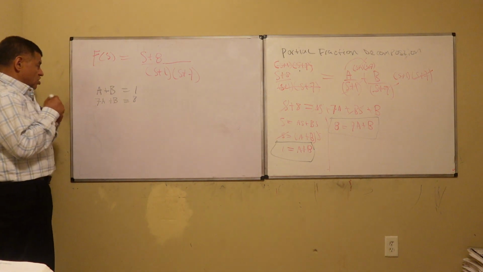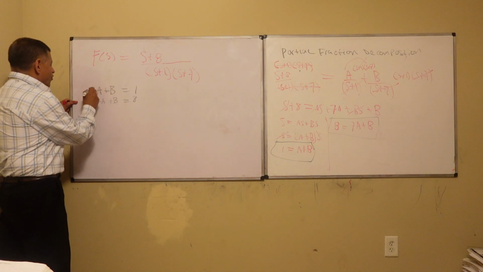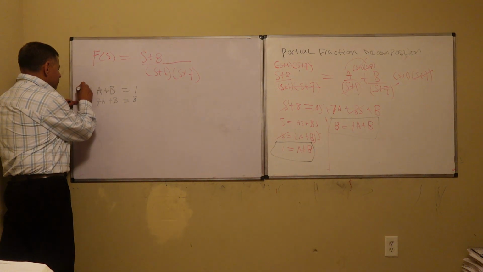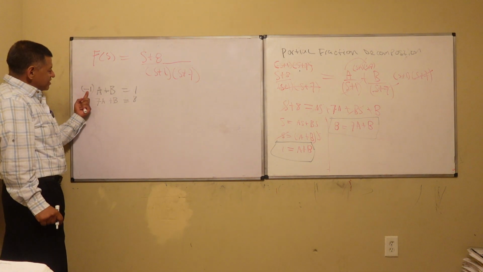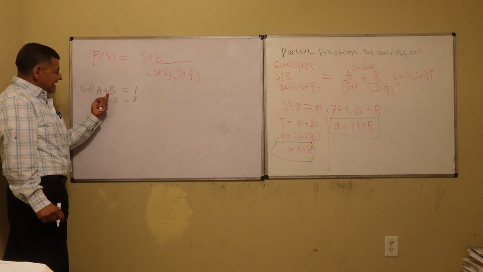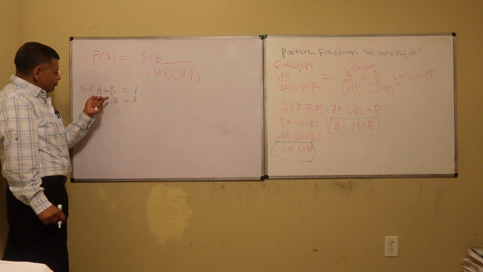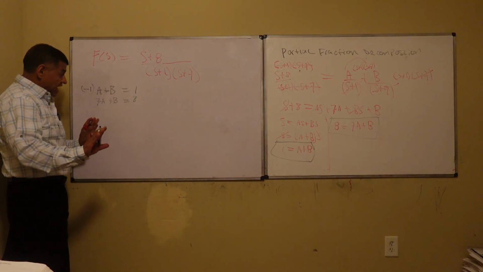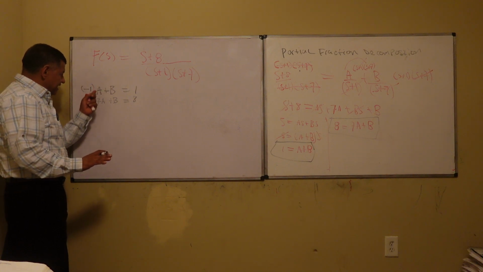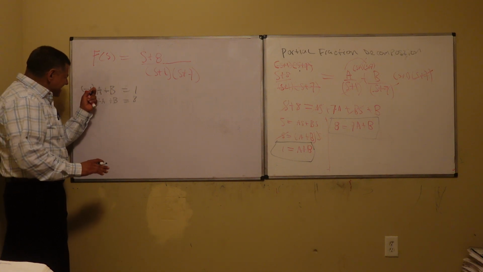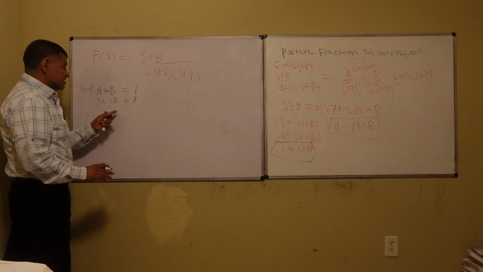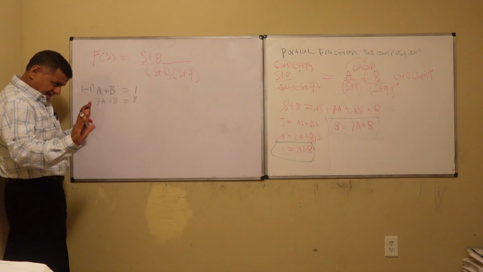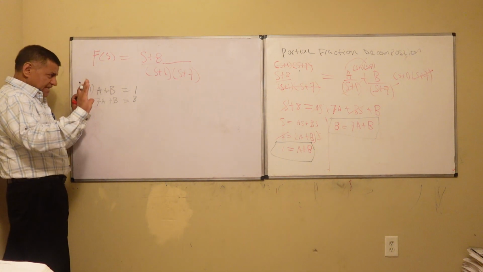I can multiply the top equation by -1. That makes this one negative, and this negative with that positive will be gone, and I will just add the B's. Once I add, I will have a number over here, and then I am good. That's the whole purpose of it.